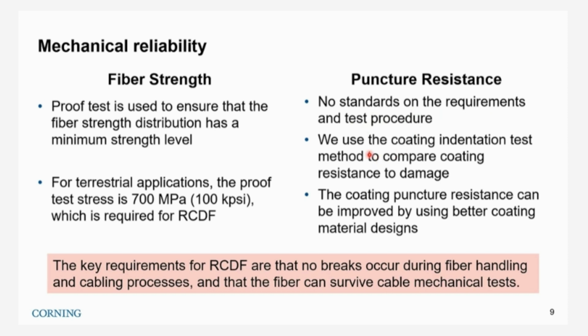So internally, we use what we call a coating indentation test method. We use a sharp object to press against the coating to quantify the damage resistance. For puncture resistance, you can change the coating material to improve it.